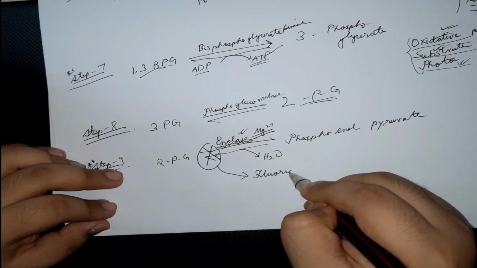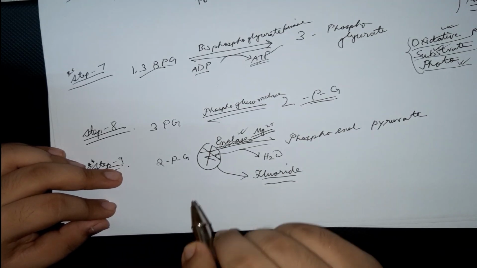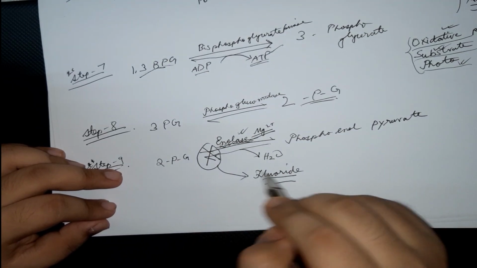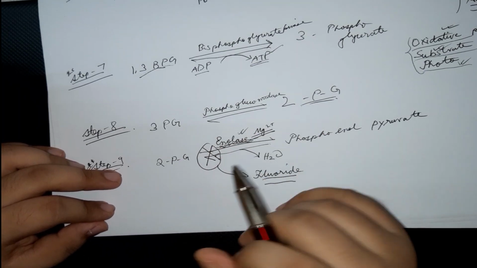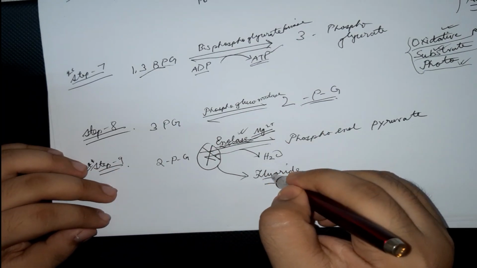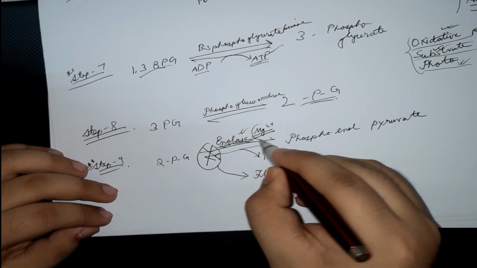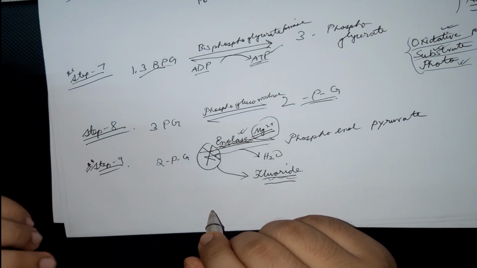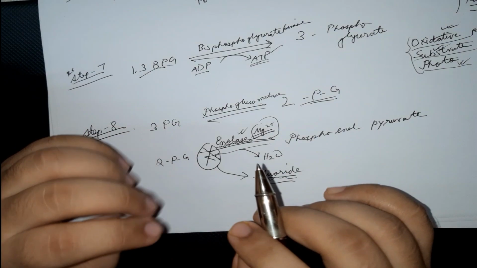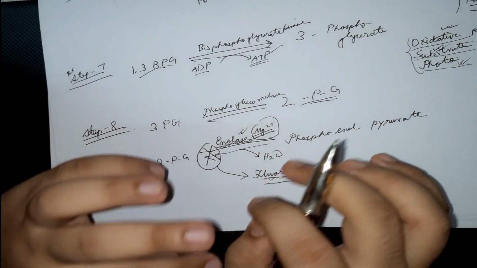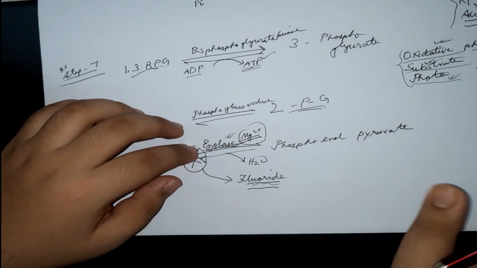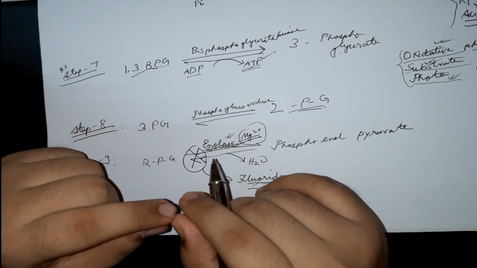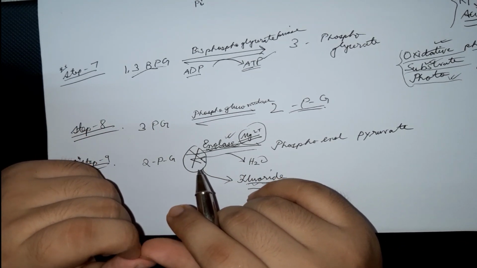You know, fluoride ion, yes, that fluoride. How fluoride inhibits the enzyme enolase is that fluoride will actually remove the magnesium ions, because fluoride is extremely reactive. This is something I have not read in any textbook, but I think what happens is that the fluoride ion is a very reactive species.